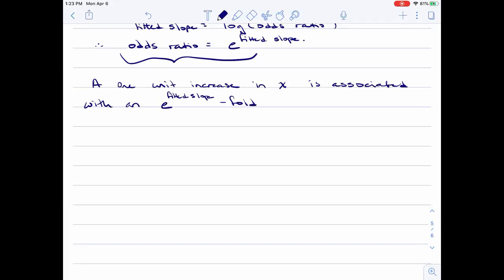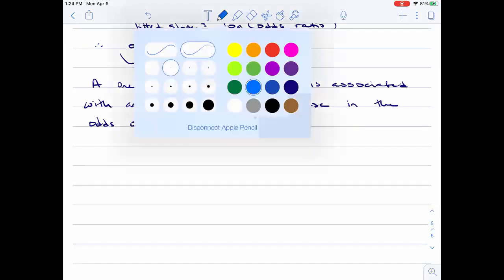So if e to the fitted slope is 5, right, we would say a 5-fold increase in the odds of y equals 1, right? Y equals 1 is a success.